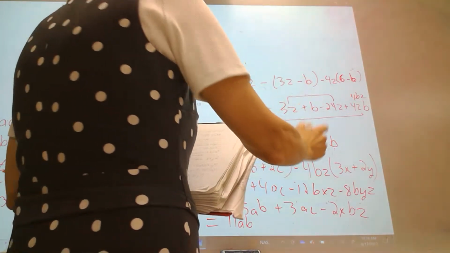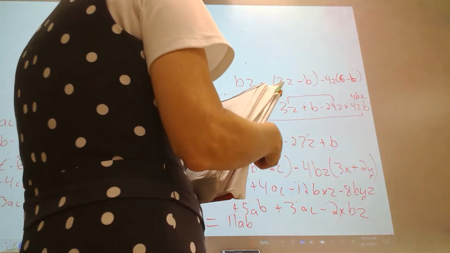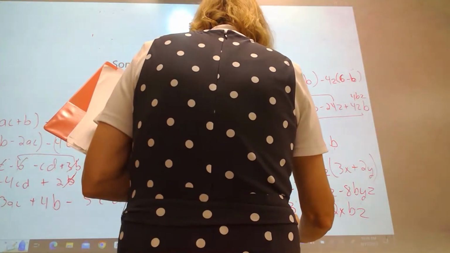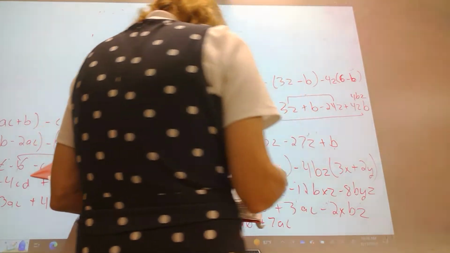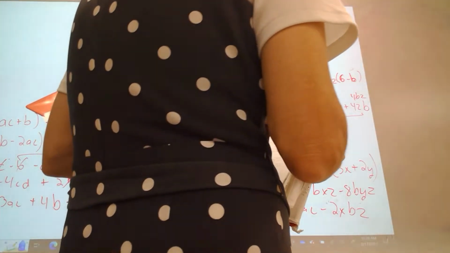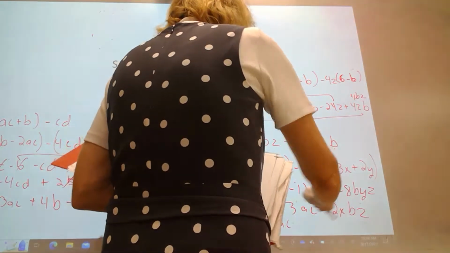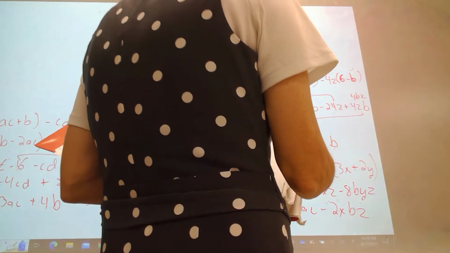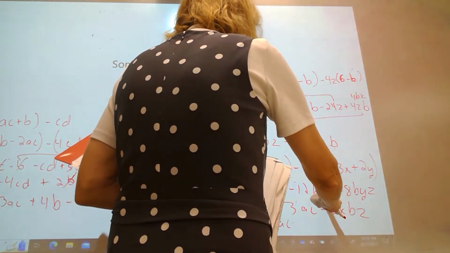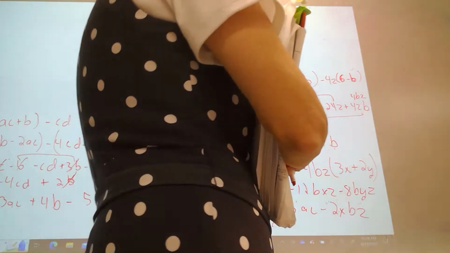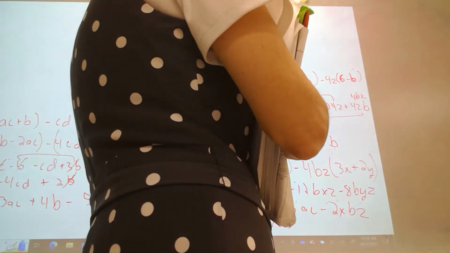Then you have 4ac and 3ac. It gives us 7ac. Then we have minus 12bxz and minus 2xbz, where bxz is the same thing as xbz. The letters are the same, it doesn't matter the order.